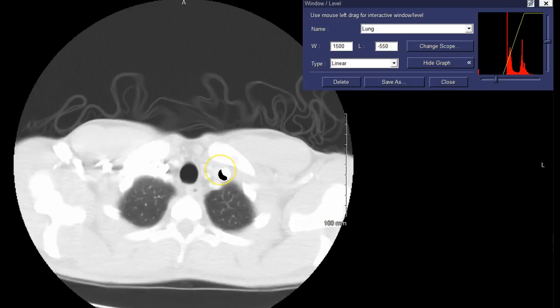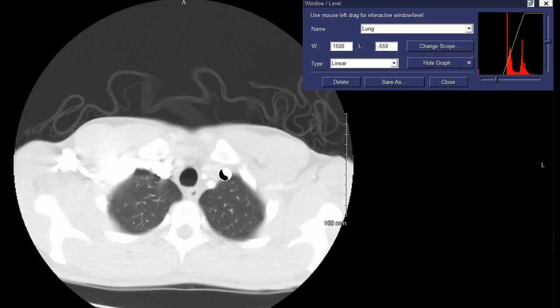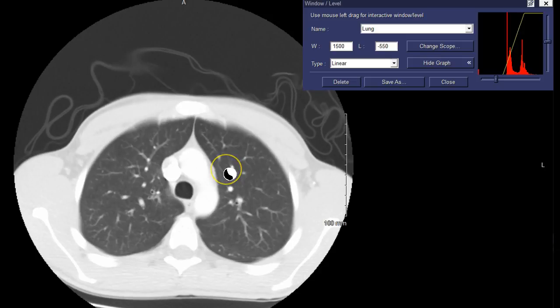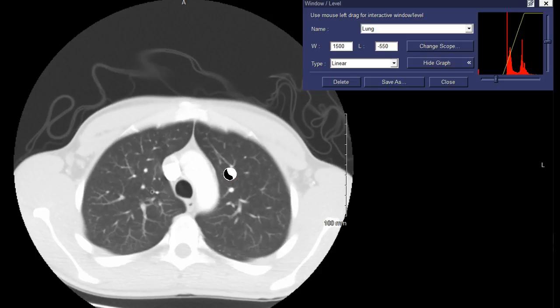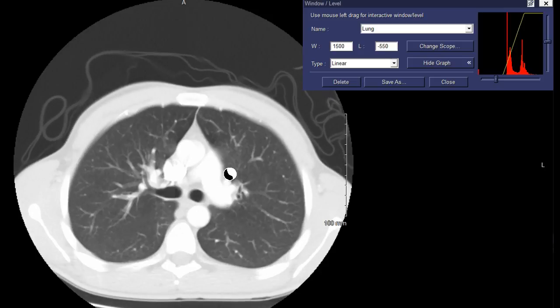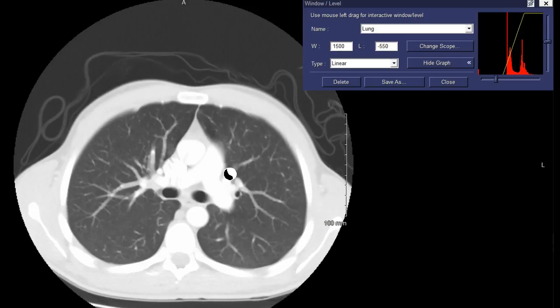Let's go back up to the apices, and we're able to see those apices. When you look at it this way, we're no longer able to visualize the structures of the heart very well. So it is a balance, and this allows a radiologist to quickly assess given structures.